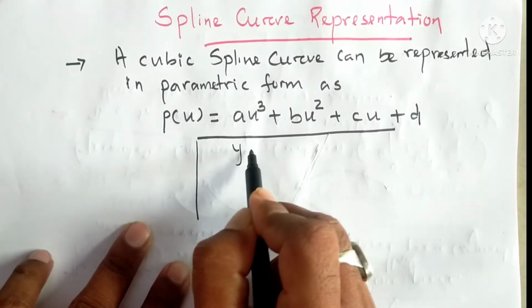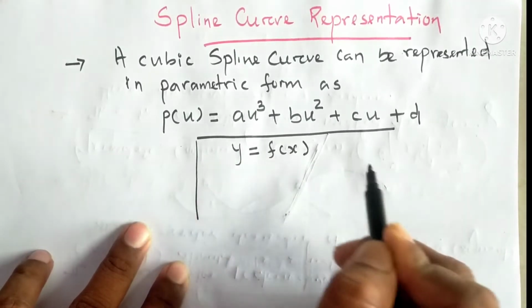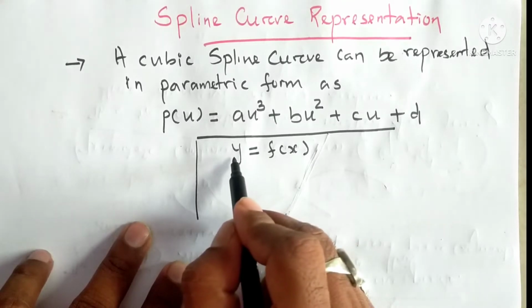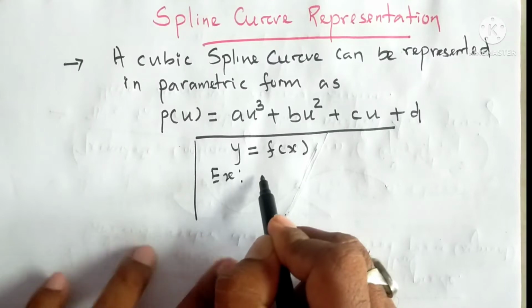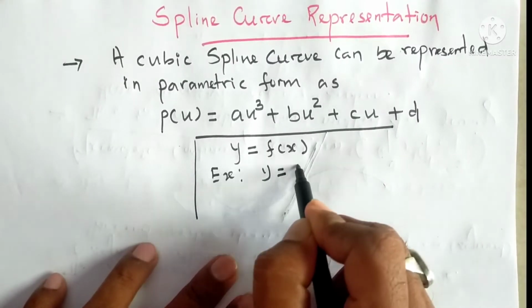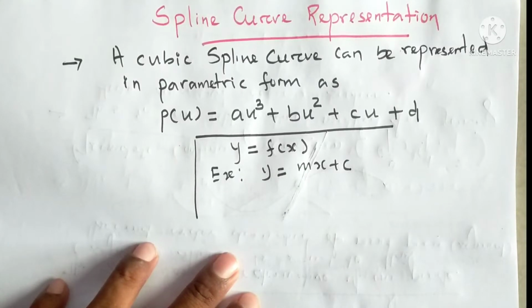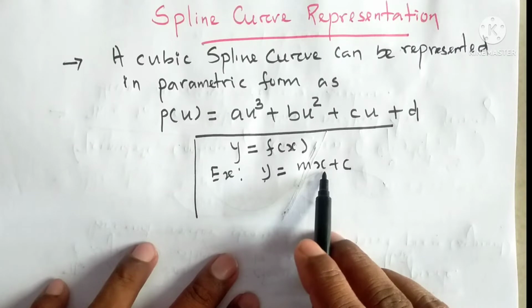So we write the function this way: y equals f of x. Here x is the independent variable, y is the dependent variable. Suppose take an example of the equation of a line, y equals mx plus c. Here the value of y is determined from the independent variable x.